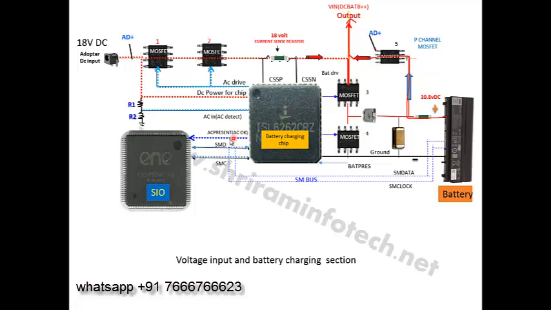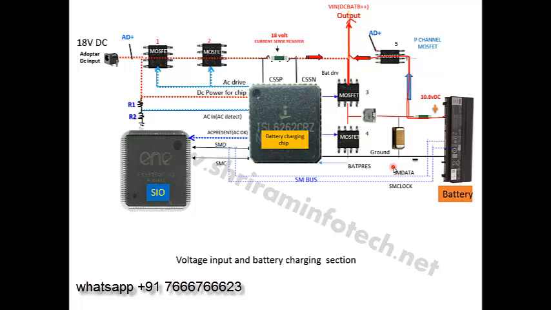If it's receiving the ACOK signal but still is not charging the battery, then maybe the chip, and you have to replace the chip, or you have to check this MOSFET and check this capacitor, like that. You have to concentrate only on this section. But before doing anything, you have to try changing the battery first. You have to put in a battery and check. So in this way you can solve a battery charging problem.